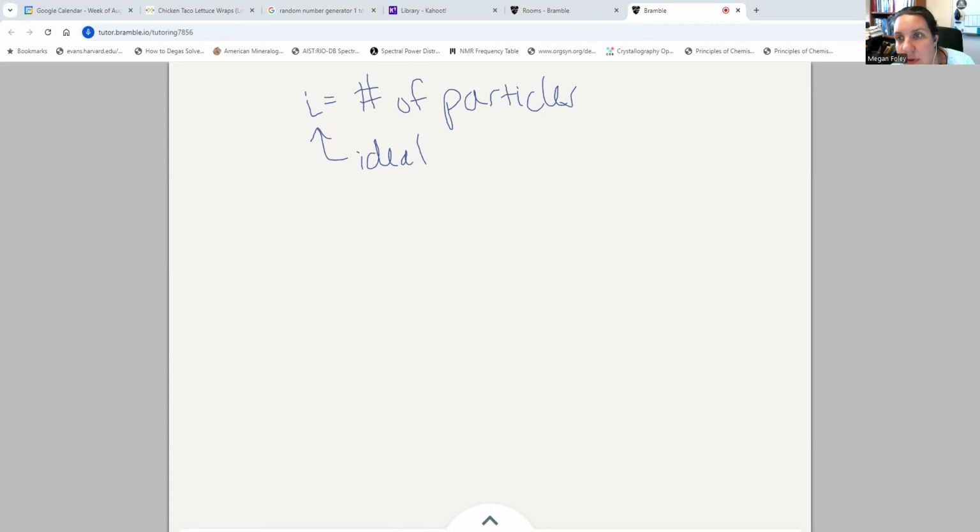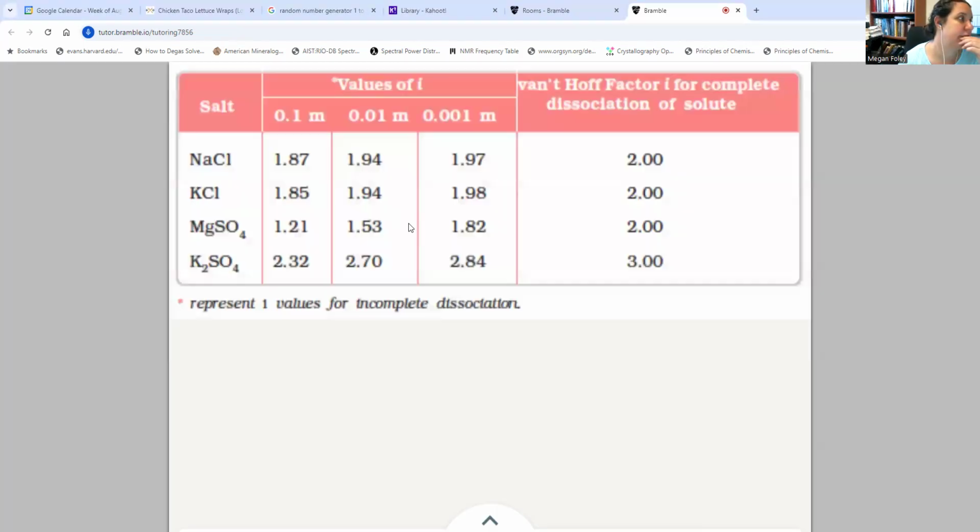Here we go. So here are some Van't Hoff values. So we have sodium chloride, and we can see we have different concentrations here. And as we decrease our concentration, our true Van't Hoff factor, or non-ideal Van't Hoff factor, gets closer and closer to that ideal value that we would expect.